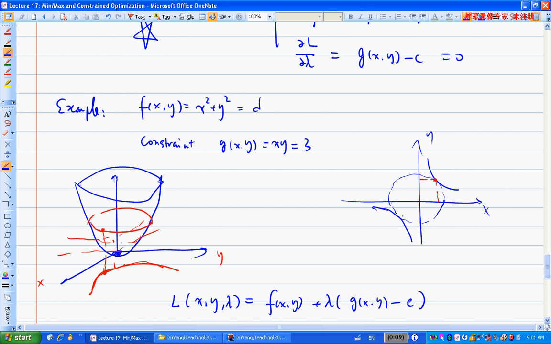Tangent to the constraint means the two gradient vectors, remember the two gradient vectors, what's the relationship? They are parallel to each other, right? At the same time, perpendicular. Whoa.